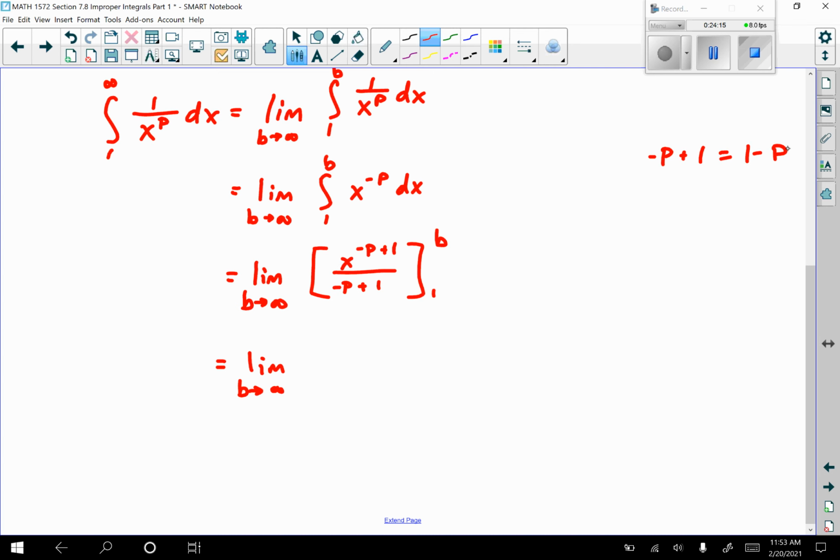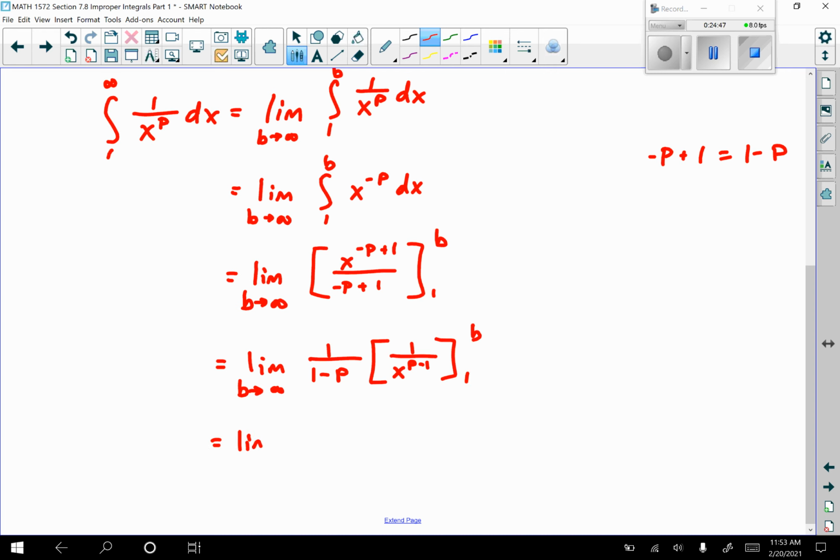It just looks a little bit nicer that way. And then I'm going to factor it out from this fraction because it's just a constant. p is a constant. So I'm going to have 1 over 1 minus p. And then I'm going to flip that numerator so it becomes 1 over x to the p minus 1. Remember, I'm going to take the opposite of the exponent when I take the reciprocal. And this will be a lot easier to evaluate and reason through.